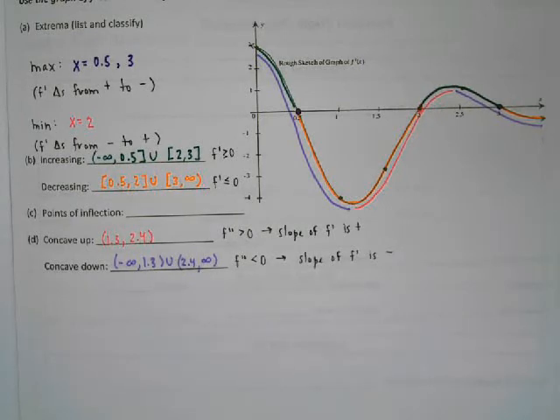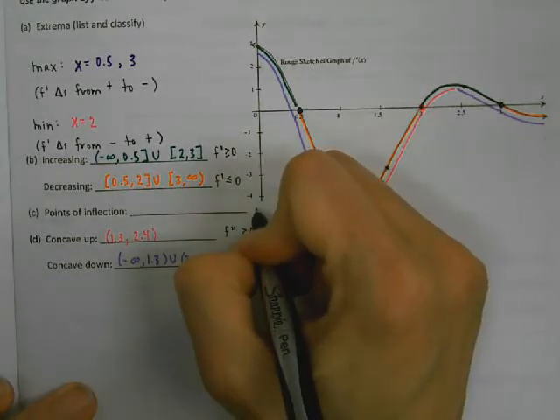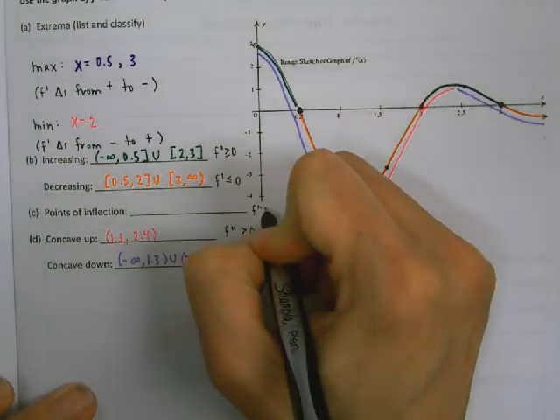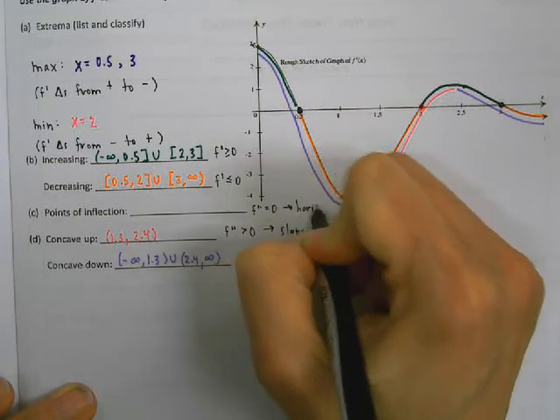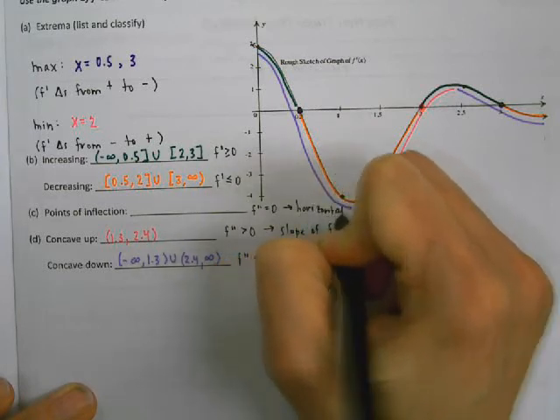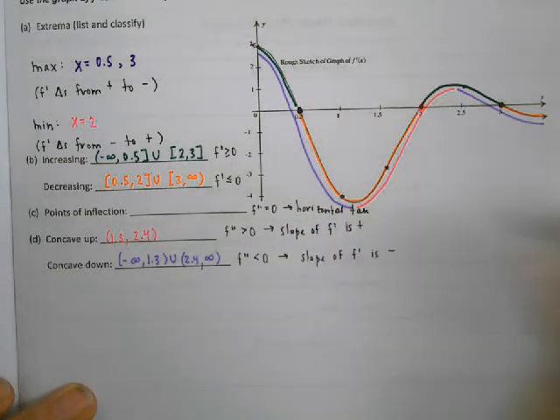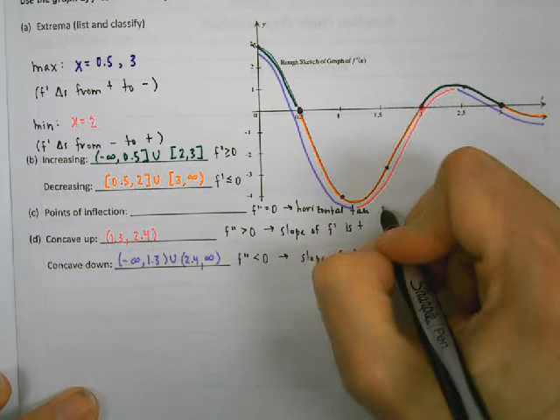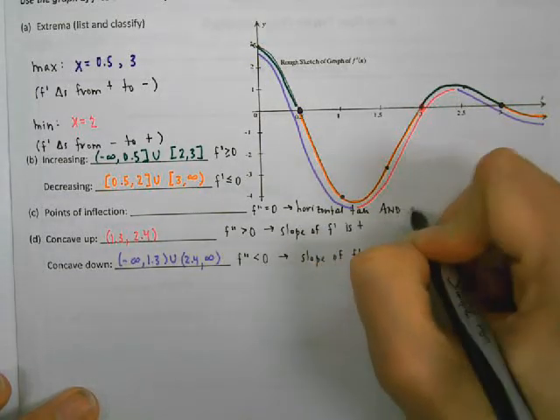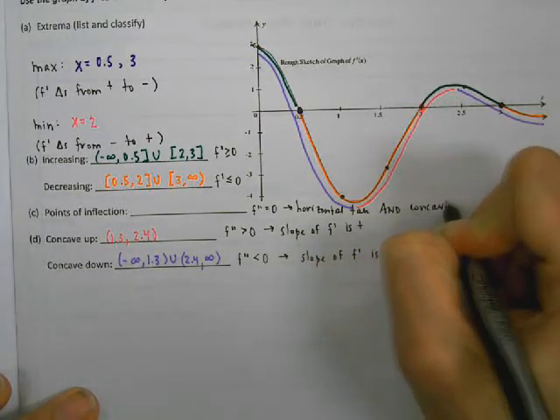So now it's easy to see where my points of inflection are, right? We know those were potentially where f double prime is equal to 0, which on our graph we're just looking for those horizontal tangents. I'm also going to make the note, it's where f prime is equal to 0 and concavity changes.